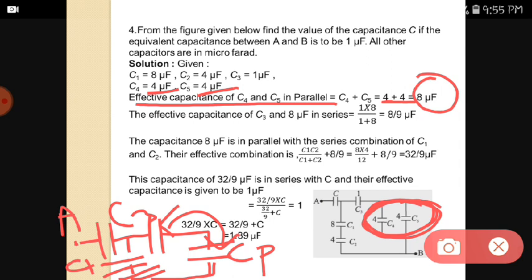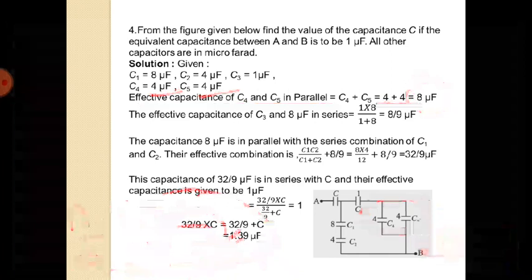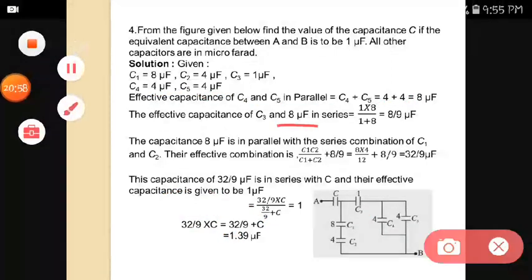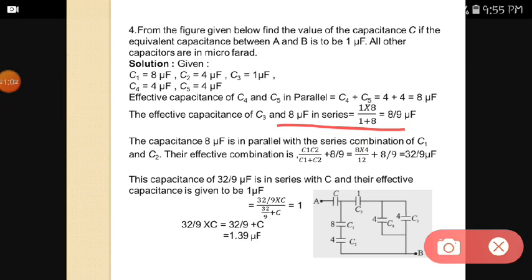So I can find the effective capacitance for both of them. When they are in series, we have to use a formula like this. C3 is 1, so 1 into 8 divided by 1 plus 8. So I am getting 8 by 9 mu F.